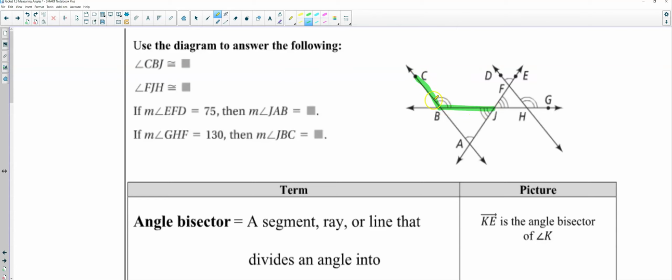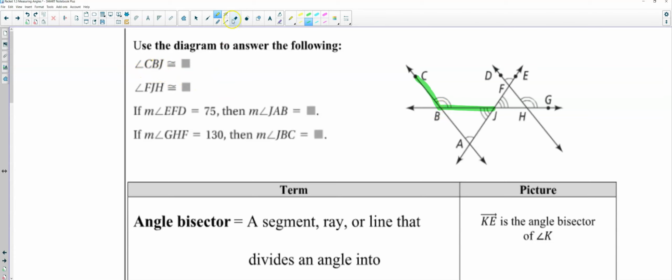You could see the angle is right here where the vertex is B. Notice it's not ambiguous. If I wouldn't name this angle B, we would not know which angle we're talking about because B is the vertex of many angles. For example, here's another angle that has vertex B, JBA or CBA.